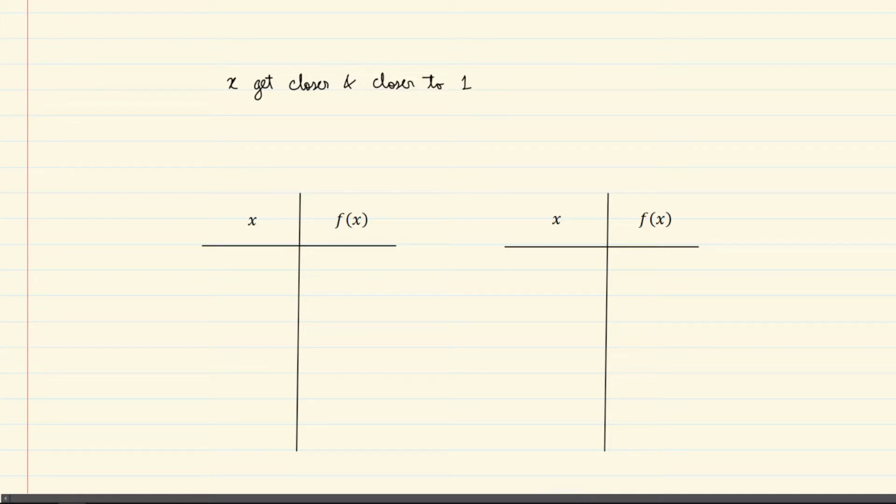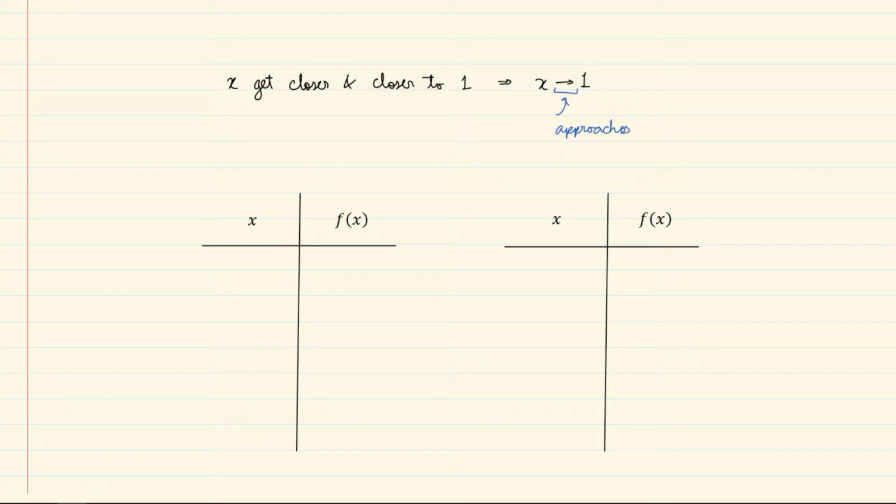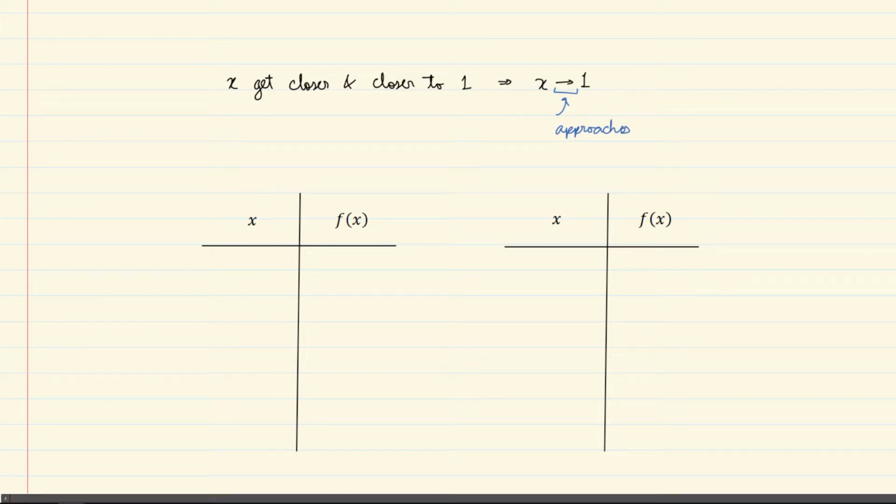We write this in calculus as x approaching 1, and this little arrow over here means approaches. So we have to find what happens to f of x as x approaches 1.